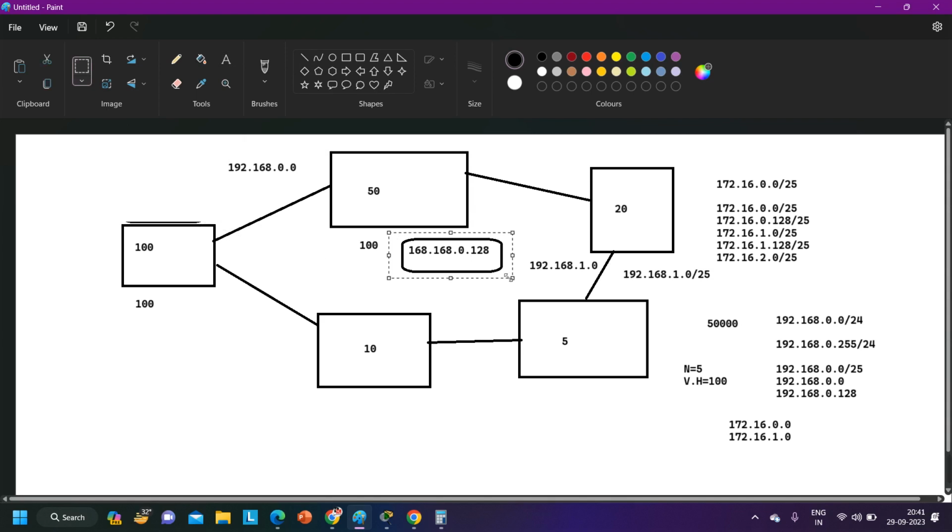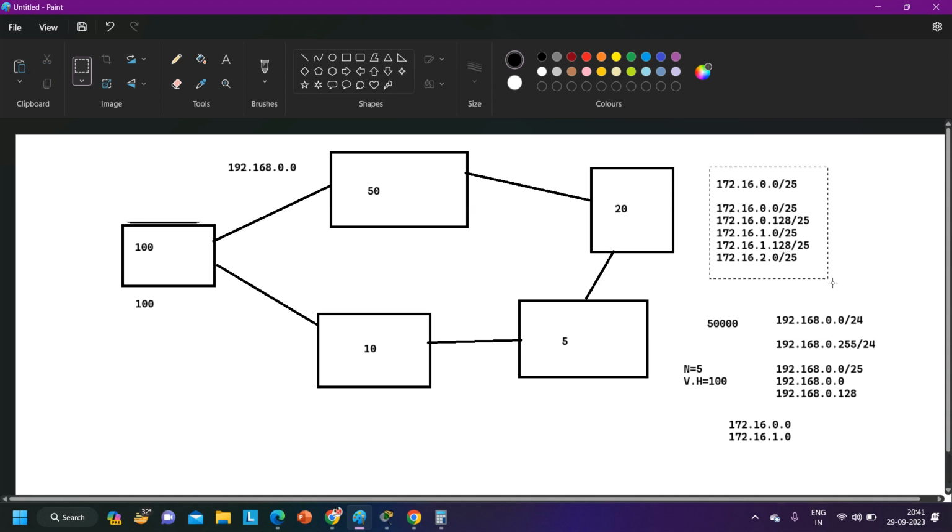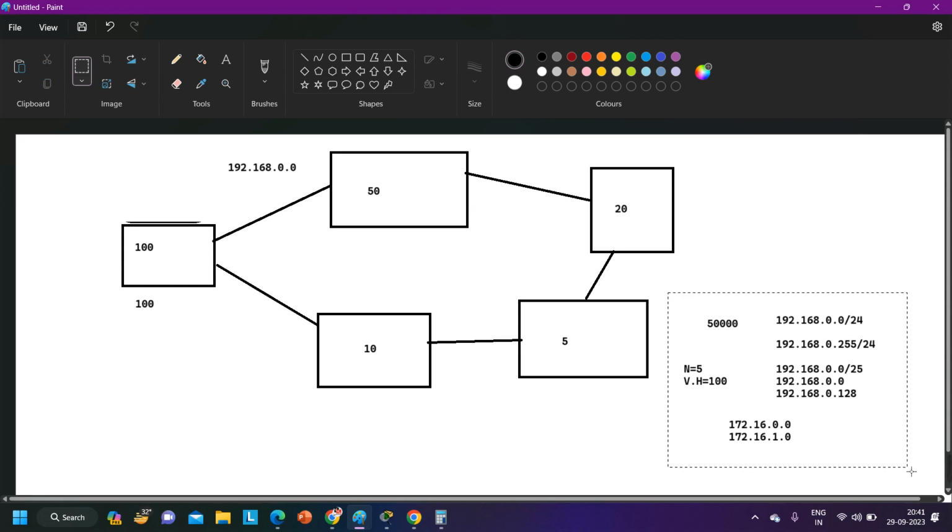And here now we need 100 users in department 1, 50 users in department 2, 20 users in department 3, 5 users in department 4, and 10 users in department 5, let's say. So how will you subnet the network? First of all, tell me, can I use an IP address from class C?